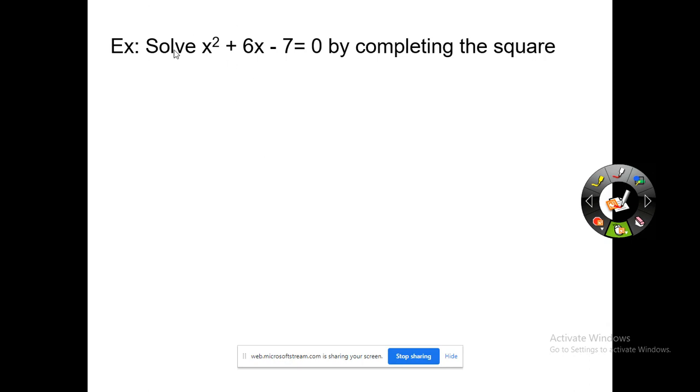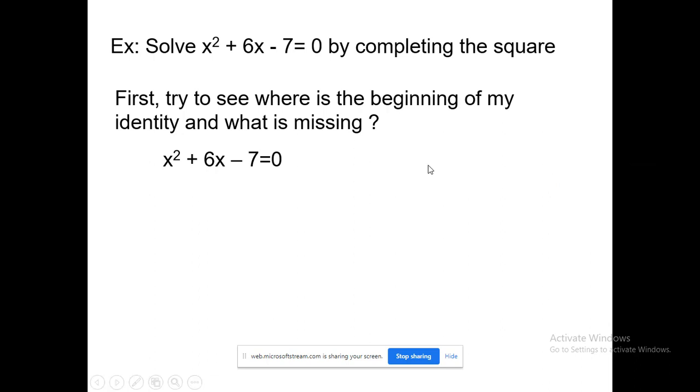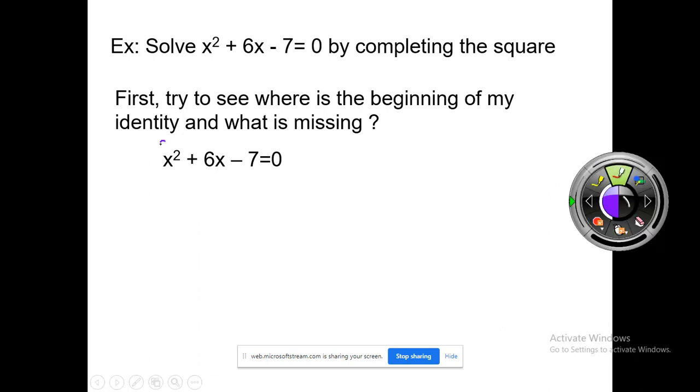You need to complete the square. How are we going to do it? First, try to see where the beginning of my identity is and what is missing. Here, my beginning is x squared plus 6x, and minus 7 is not a perfect square. This is a squared plus 2ab.